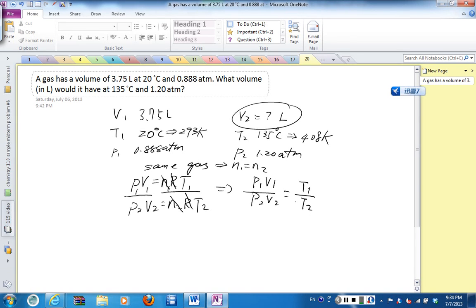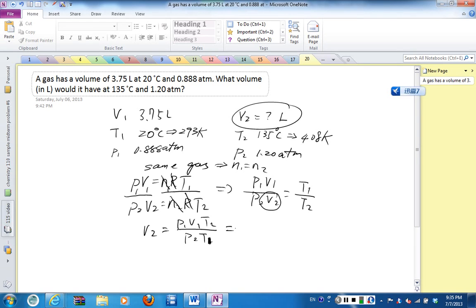Let's see, that's the 6 things that we listed here. Out of the 6, we know 5, and we want V2. Well, that's a simple rearrangement. Rearrange the equation, we get V2 equals P1 V1 T2 over P2 T1. Make sure when you rearrange the equation, you label things right, because one mistake here would cause the whole problem to go wrong.